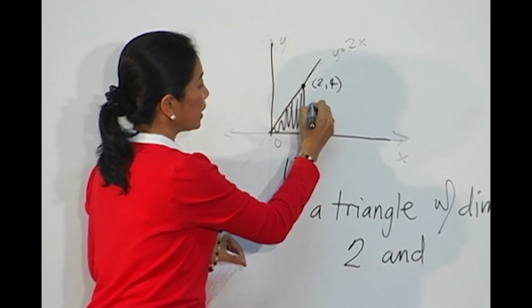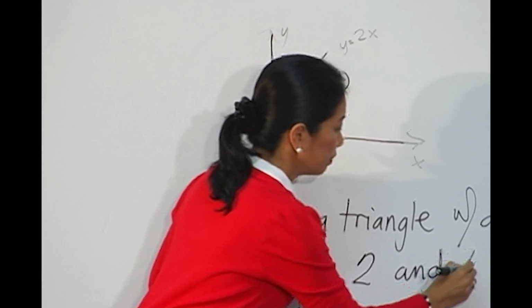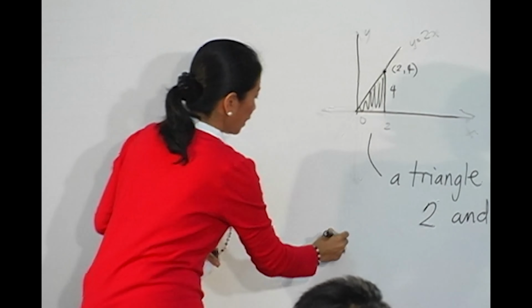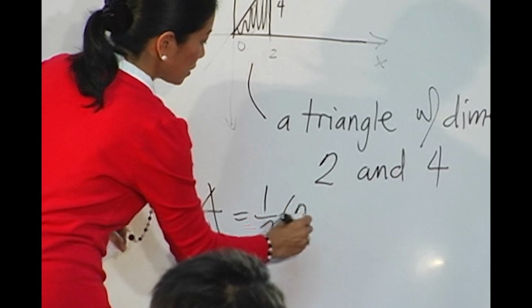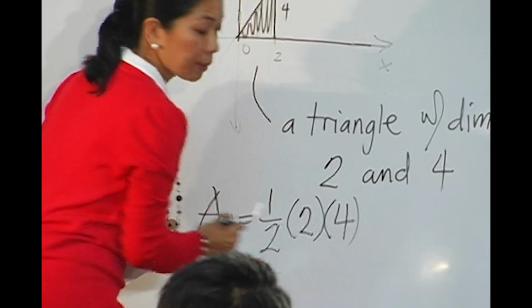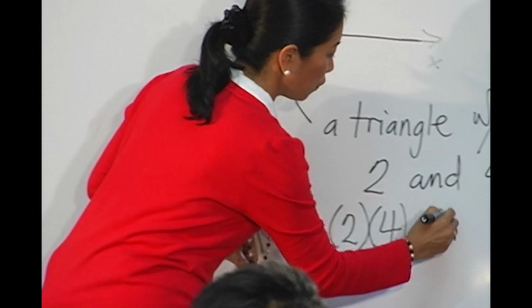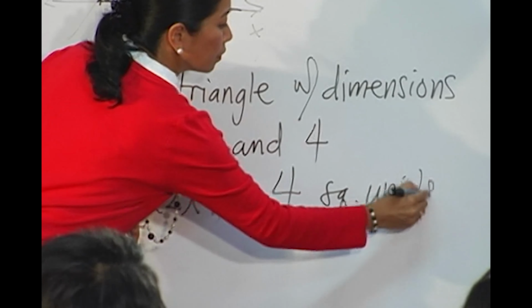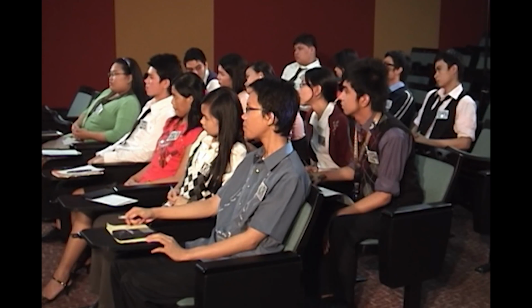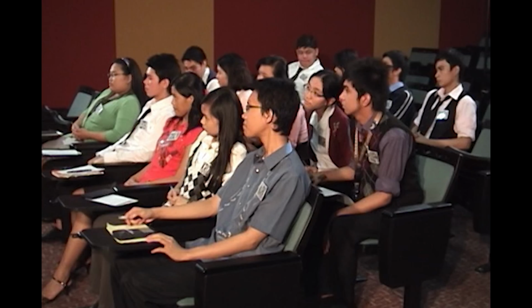So that means the height is 4. Okay. So area, using the formula, is 1/2 base times height, correct? And this would be 4 square units. Now let's see how it's going to work with our integral.